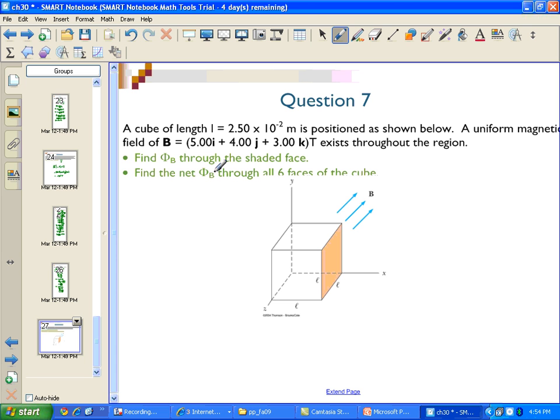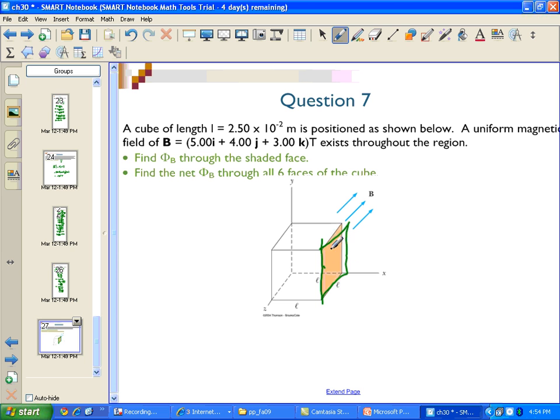The first question says, find the magnetic flux through the shaded face. That's this one right here. And then the next part says, find the total magnetic flux through all the faces. In other words, add up the contribution from each of the 6 faces and determine the total flux.